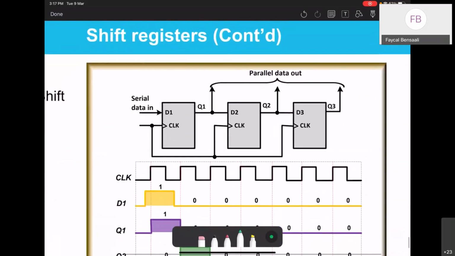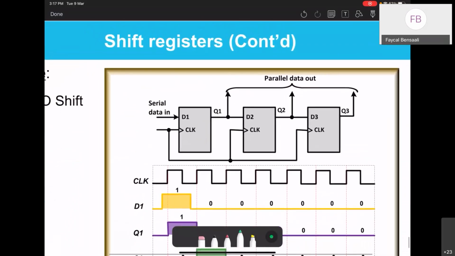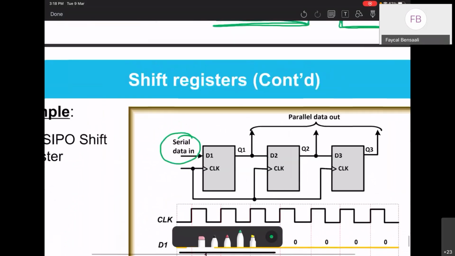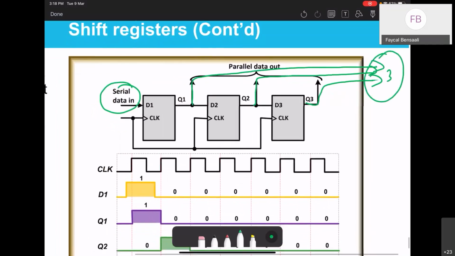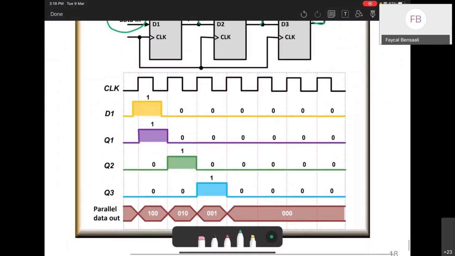Now, this is another example with serial in, and as you can see, it's exactly the same circuit. It's just taking the outputs together, and we are going to use them together as an output, as a bus, 3 lines. We did this in the previous slide.